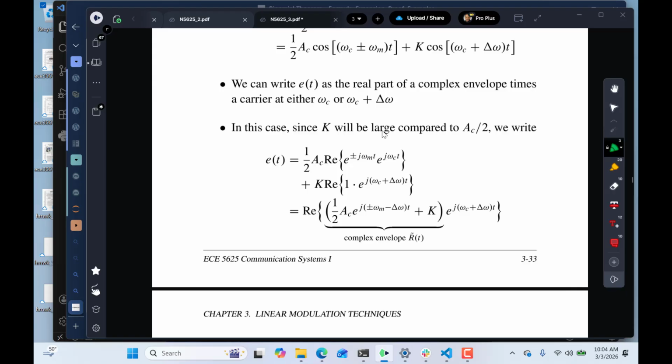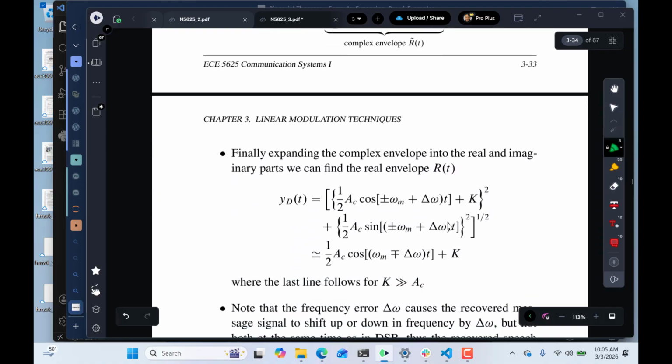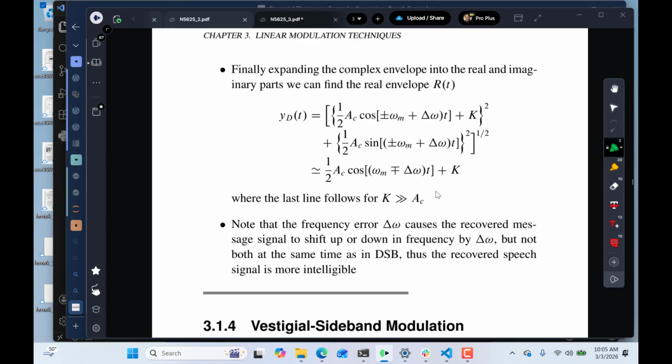Then our expansion theorem, our complex envelope, is this guy that has the delta of omega in it, and carry that through with the binomial expansion theorem, and we'll get this little thing. This is for a sinusoidal message at frequency omega m, and it will just shift its frequency up and down by a small number of hertz.